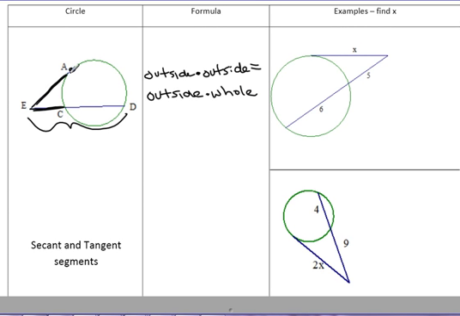Okay, so to put it in letters as it applies to this picture here, EA is outside times outside, which is EA, and that's going to equal outside EC times the whole length of the segment, which is EC plus CD.